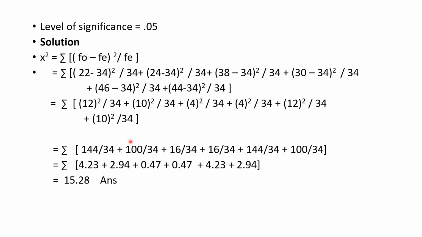After dividing these values by the denominator 34, we get the answer 4.23. Then the second answer came 2.94. The third answer came 0.47. Again 0.47. Then 4.23, and then 2.94. When we add all these values, we get our answer, that is 15.28.